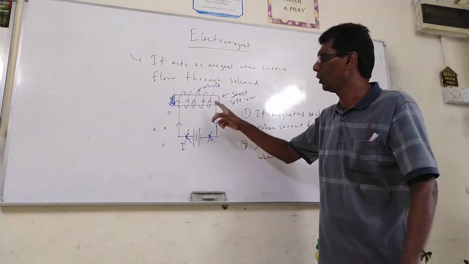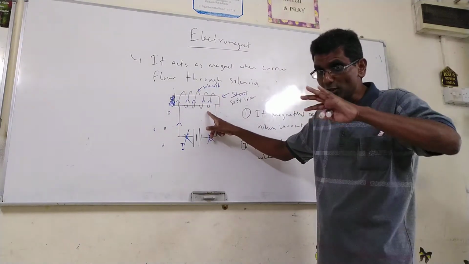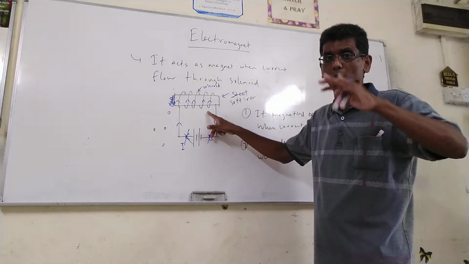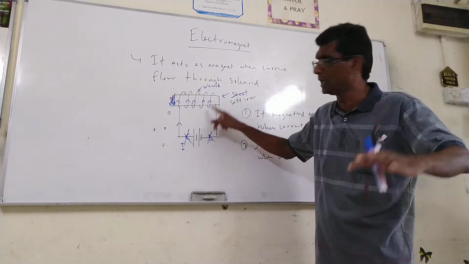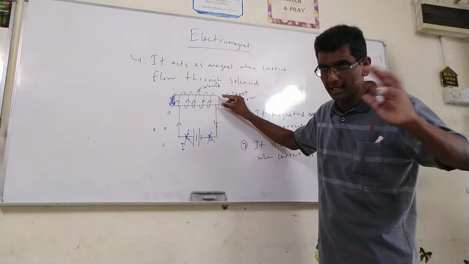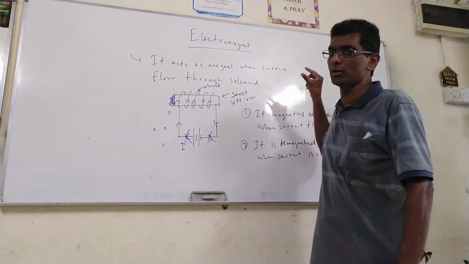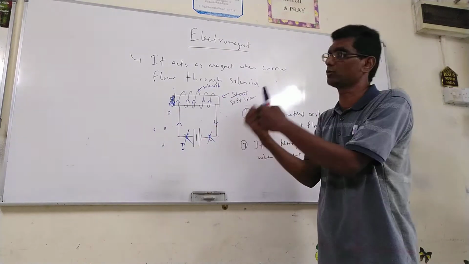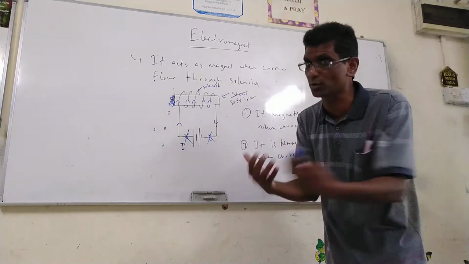Even after 10 days or any number of days of current, once you stop the current and take it out, it is an ordinary soft iron core.